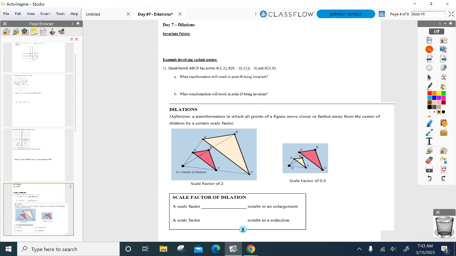All right, before we do get into dilation, let me go over one more vocabulary term. Invariant points. Ready? Invariant points. Points that do not move after a transformation.